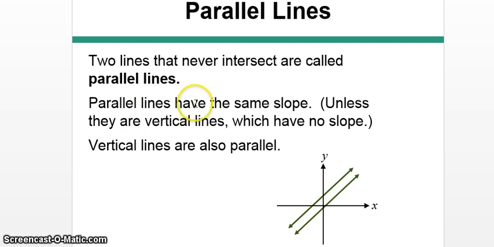Parallel lines have the same slope unless they are vertical lines which have no slopes. Vertical lines are also parallel, but they don't have any slopes. Other than that, parallel lines have slopes and they have equal slopes.